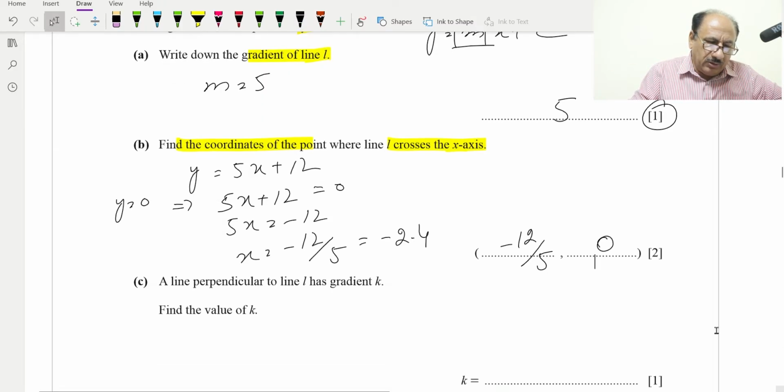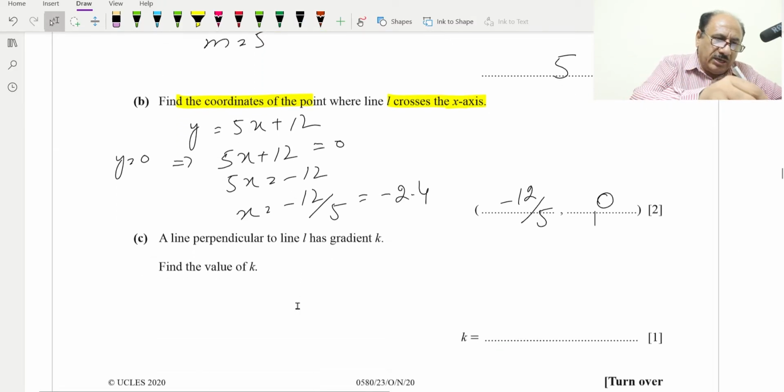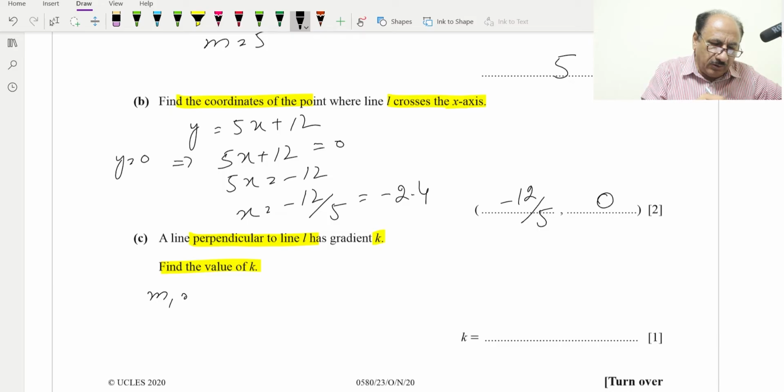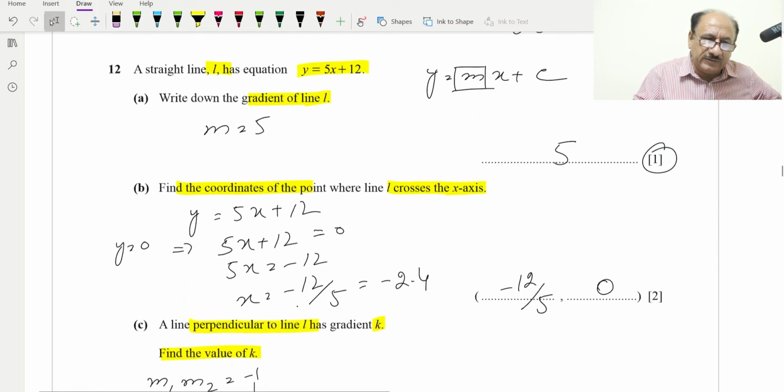Now a line perpendicular to line L has gradient k. Find the value of k. We know that if two lines are perpendicular, then m1 into m2 will be equal to minus 1, and in this case the gradient of the given line is 5.